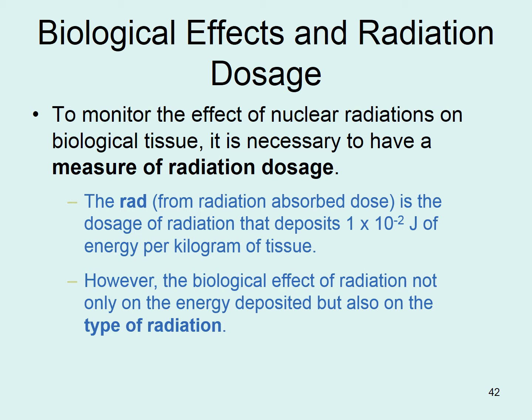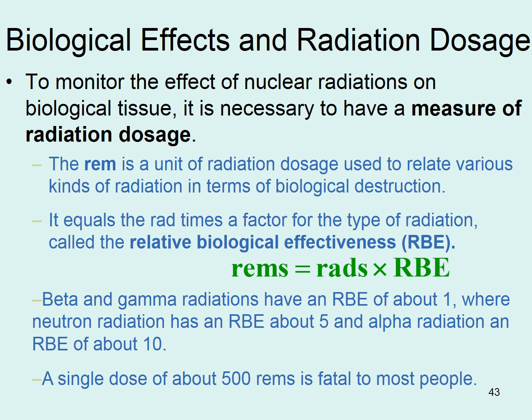Now, it's important to remember that the biological effect of radiation depends not only on the energy, but also on the type of radiation. So there is another unit called the REM, which is a unit of radiation where the rads are multiplied by a factor called an RBE factor, or relative biological effectiveness factor, which depends on the type of radiation involved.